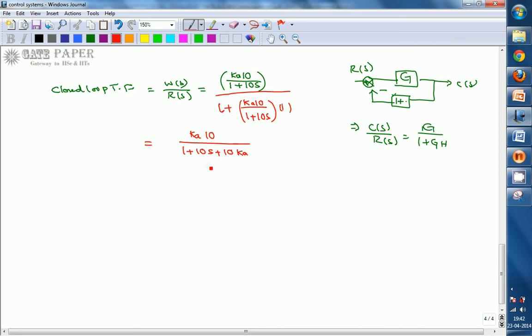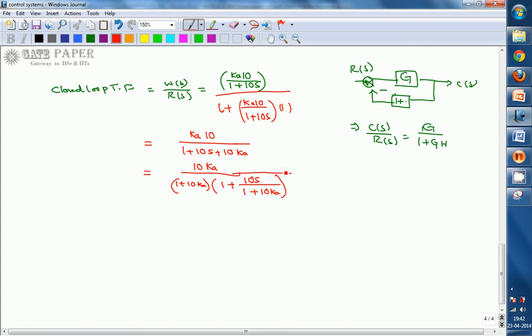So taking 1 plus 10 Ka as common, we get 10 Ka divided by 1 plus 10 Ka, common, and the denominator becomes 1 plus 10S divided by 1 plus 10 Ka.